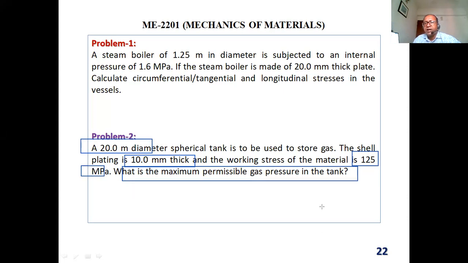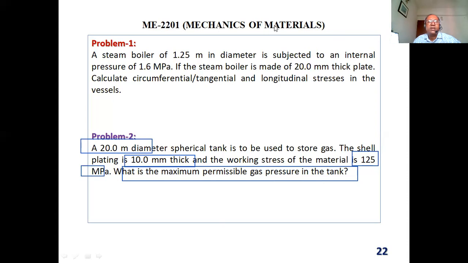So that is related to this problem. So 125 is the material working stress. That means this is the given yield stress. So you have to design the pressure vessel so that the stress, sigma T, which is the most critical one, is not more than 125 megapascal. Then you figure out the pressure.